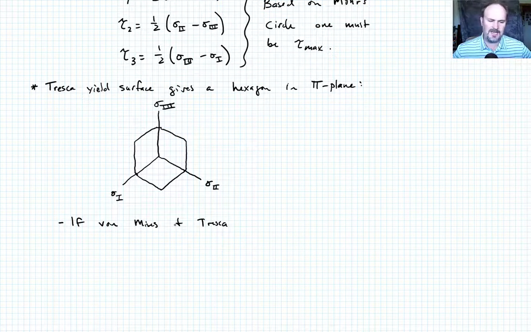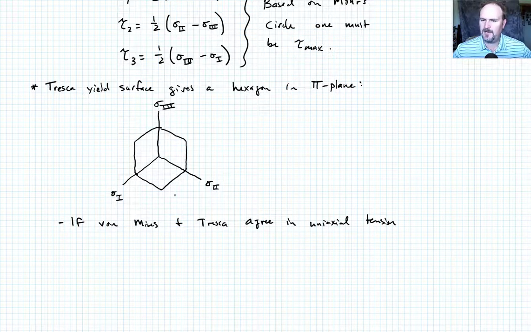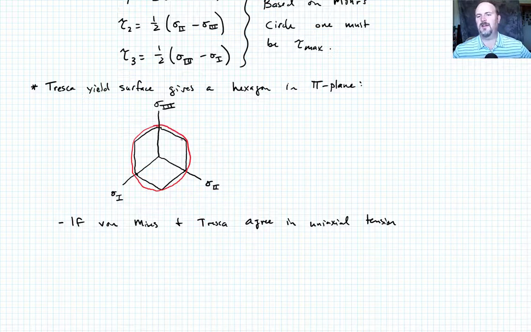But if we decide that they are going to agree in uniaxial tension, which is the convention, so if von Mises and Tresca agree in uniaxial tension, okay, right, that means that they're going to agree at these corners here, right? So then let me draw with a different color here, right? Then the von Mises is going to agree at these 3 points. We can draw our ellipse, and it's going to look something like this. Going to meet at those points, something like that. Okay?